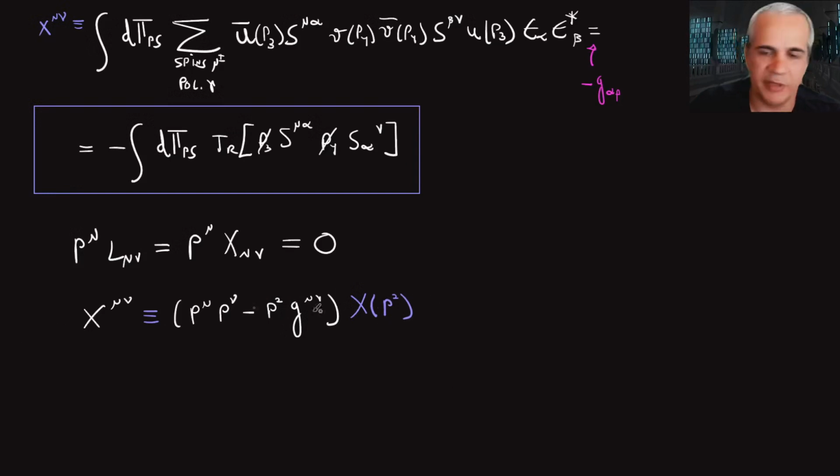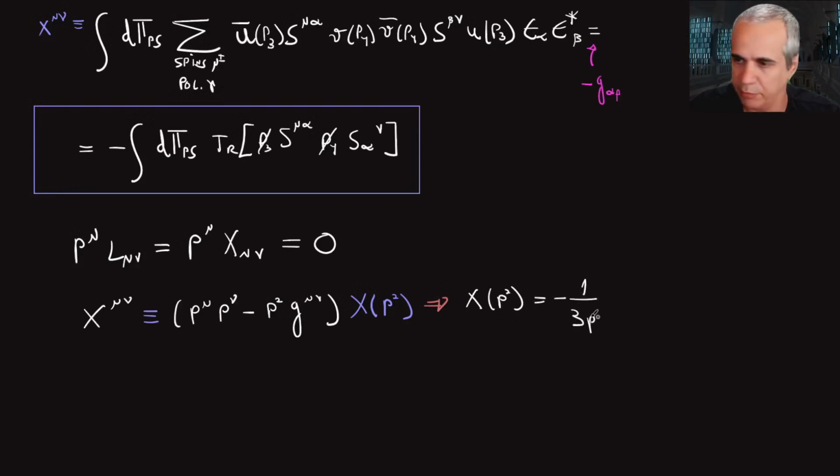And now I can invert this. I just contract with g_{μν} on both sides, and I get that X(P²) is just minus 1 over 3P² g_{μν} X^{μν}. That's what I get by contracting both sides of that equation with X^{μν}. So I can easily calculate this guy if I know X^{μν}, right? And that is good. Let me put a box here.